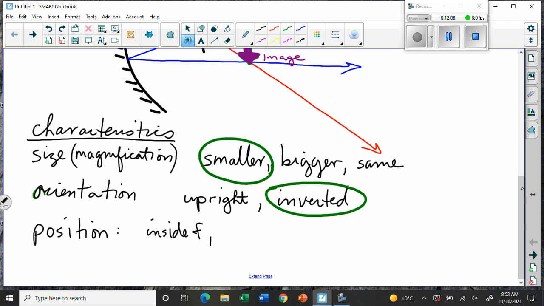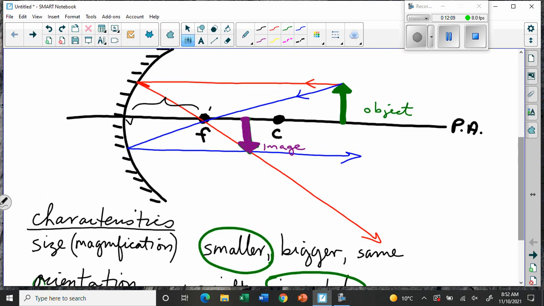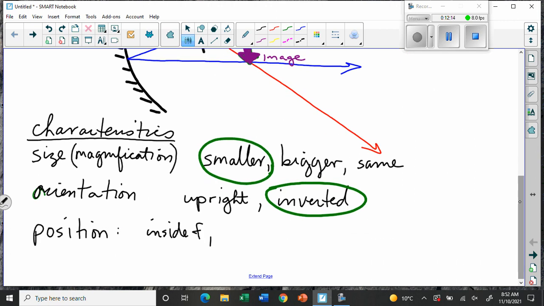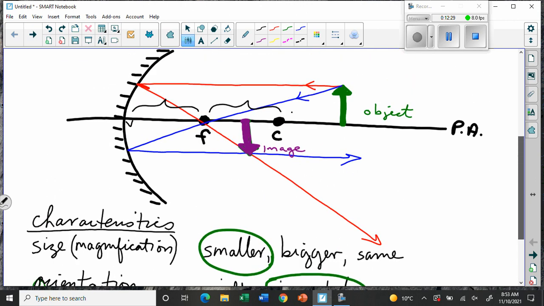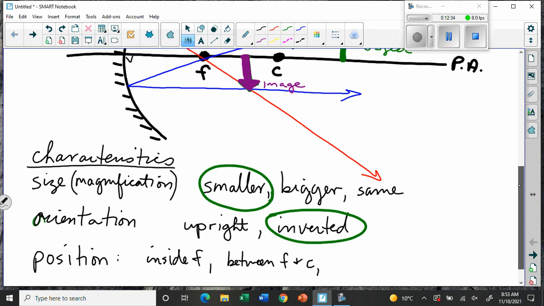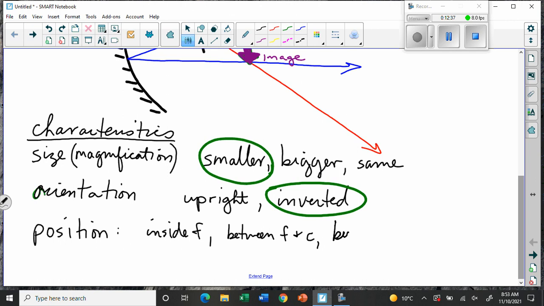The other place the image could be is between the F and the C, like ours right now. So that's another spot. Well, there's actually a couple different ones, but okay, inside F, between F and C. And the other spot is anywhere out here, which would be beyond C, outside of C. So we often will say beyond C. And of course, there's a couple other options too.